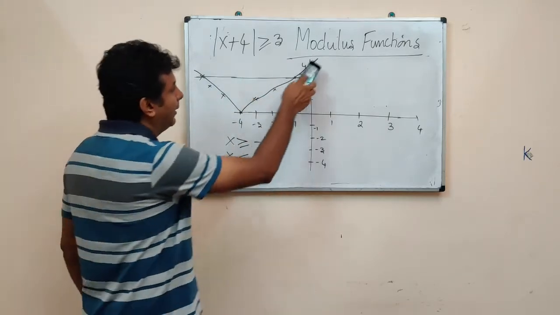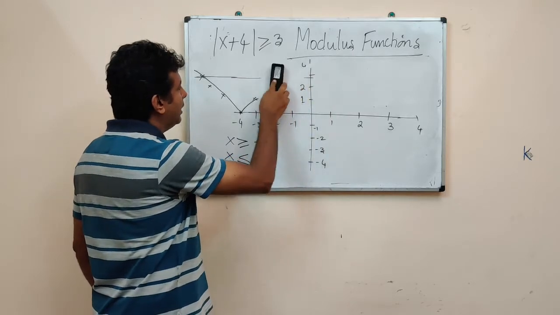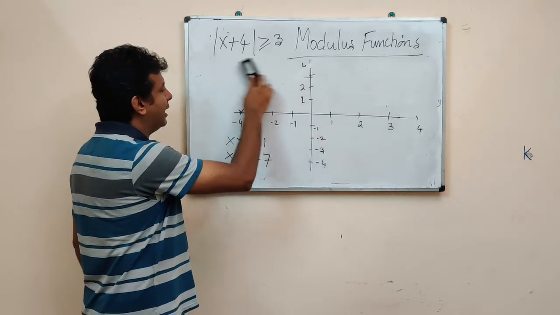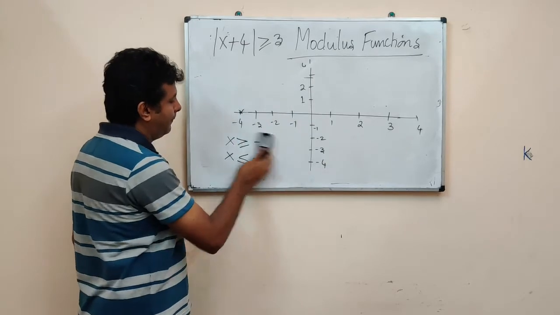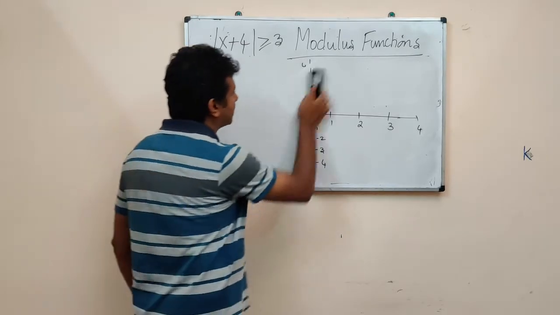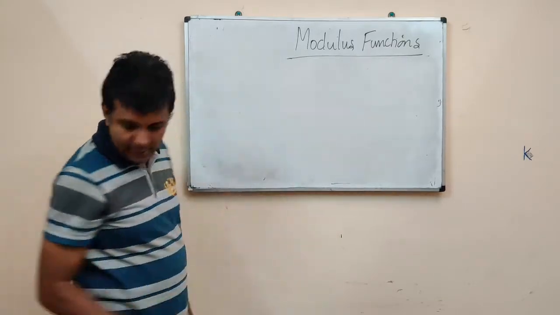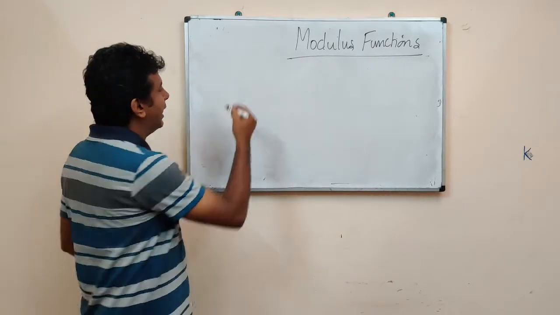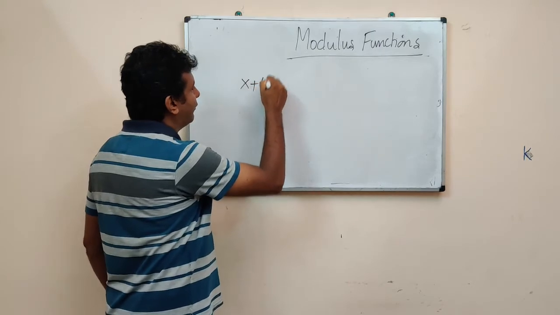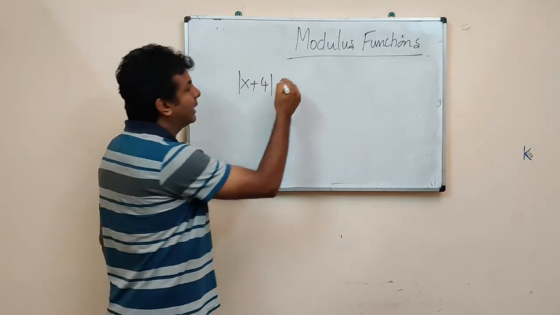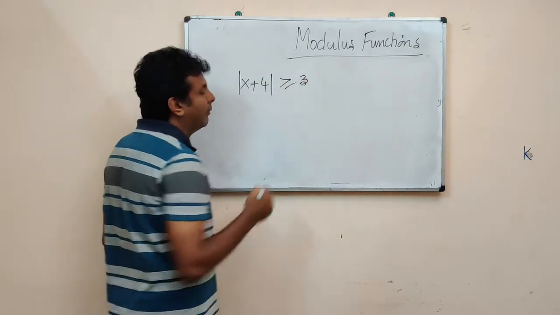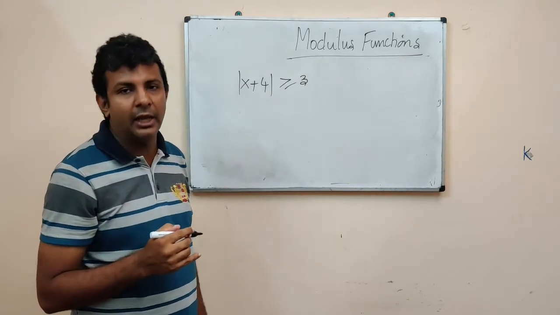Now let us try and solve this algebraically. It is mod of x plus 4 greater than or equal to 3.